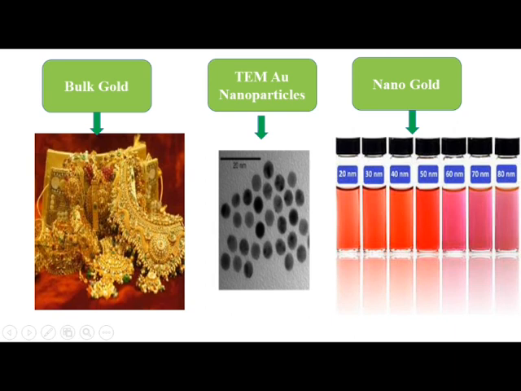In bulk material, gold has a yellow color, but at the nanoscale the color of gold changes to red and pink, depending on the size of the nanoparticles. So at least you get an idea what happens when you reduce the size of bulk material to the nanoscale.